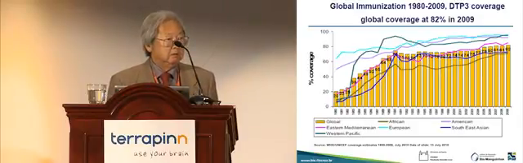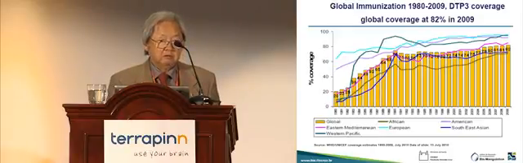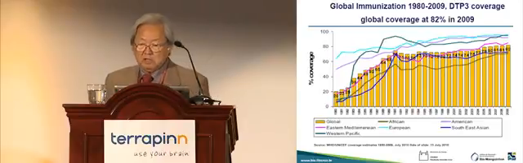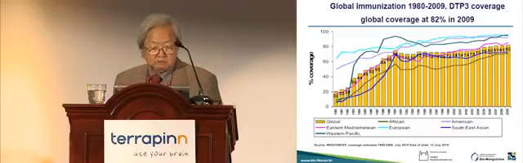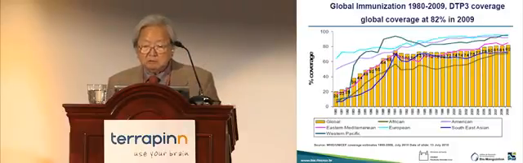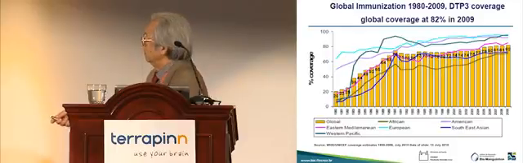Now, here you can see an indicator of vaccination, taking as indicator the 3-shot, complete course of DTP vaccine, which is one of the basic vaccines required for children. So we have the American region, Eastern Mediterranean, and European region with good coverage.